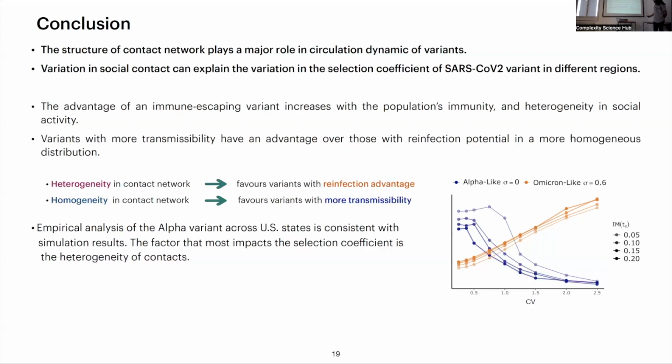This is where homogeneity favors a variant with more transmissibility. Unfortunately, we cannot do much about the Omicron scenario, because we don't have any direct data about the contact network. Maybe we can come up with some proxy. This is under consideration, but so far we have this conclusion.